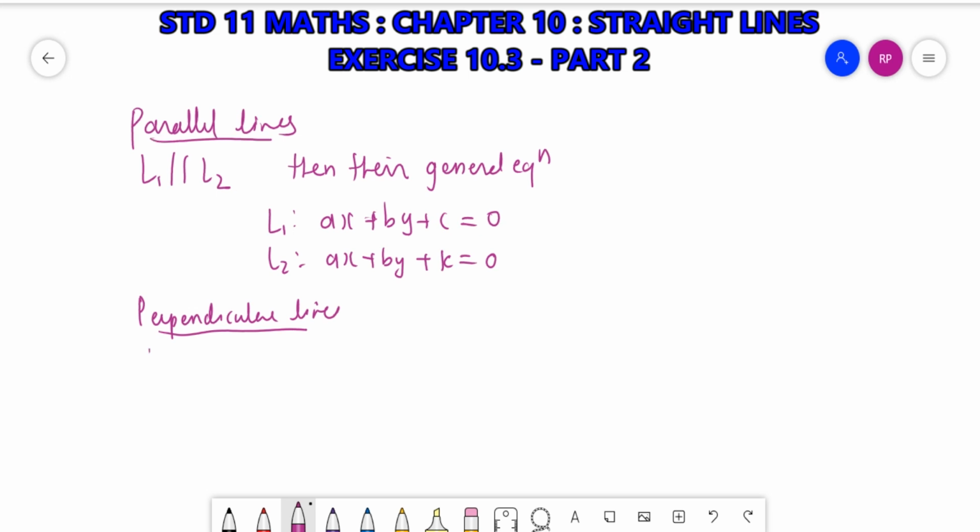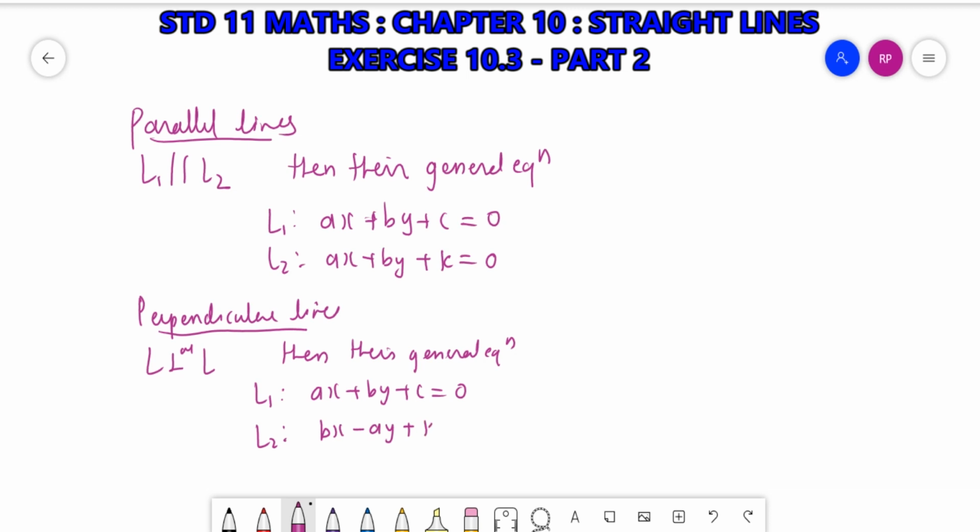And for perpendicular lines, if L1 is perpendicular to L2, then the general equations are L1: ax + by + c = 0 and L2: bx - ay + k = 0. Clear? The reason here is, in parallel, m1 is equal to m2. That means the slope, that is -a1 by b1, must be equal to -a2 by b2.